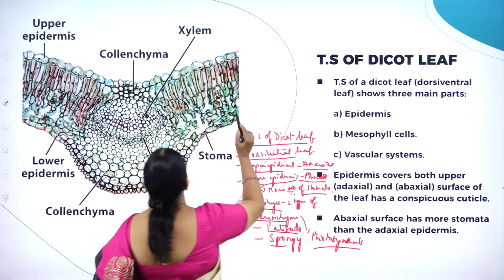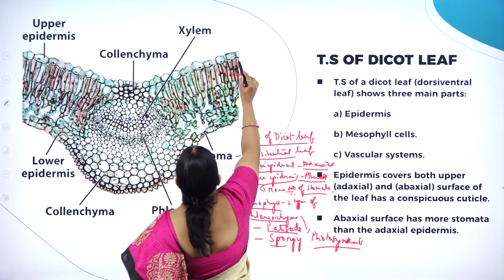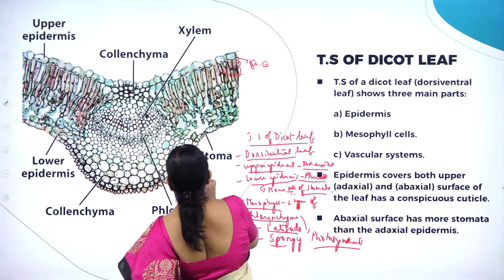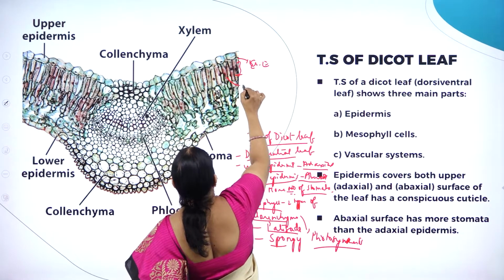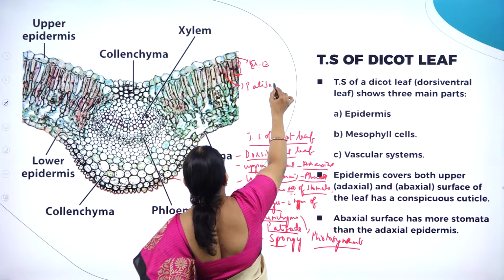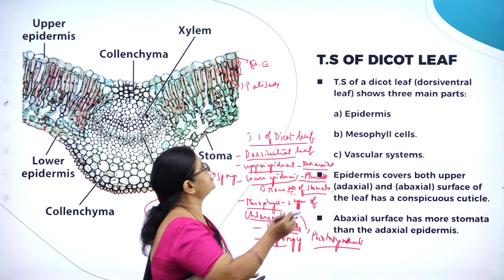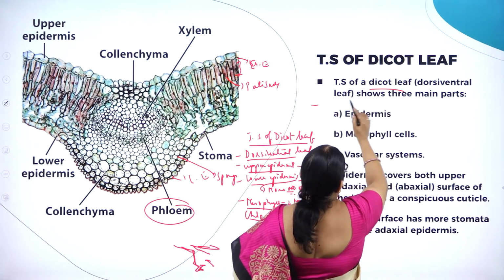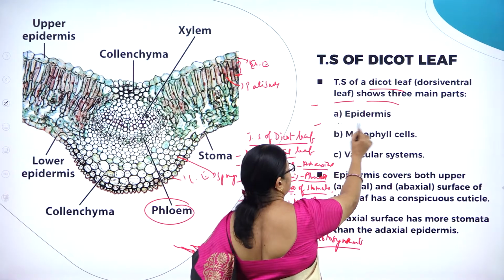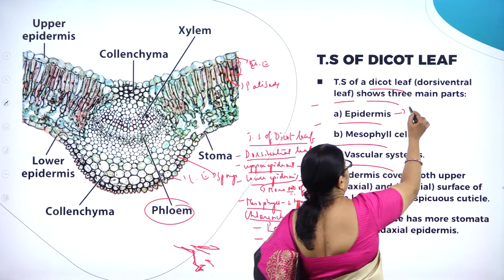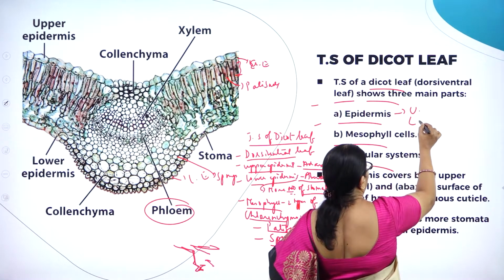Here you can see this is the upper epidermis, this is the lower epidermis, and this is palisade, and this is spongy. So the TS of dicot leaf shows three main parts: epidermis, mesophyll and vascular system. Epidermis, as I said, upper and lower.